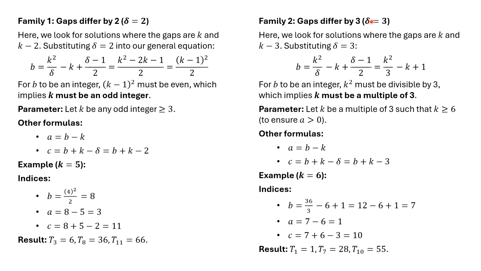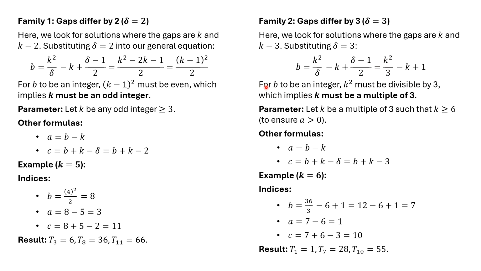Then here we're trying delta equals 3. Very similar procedure we'll go through. So we'll take our formula for b again, copied it here. We put in 3 for delta, so we get this.